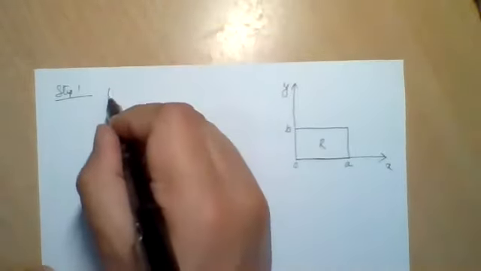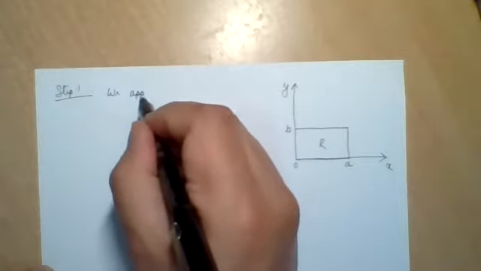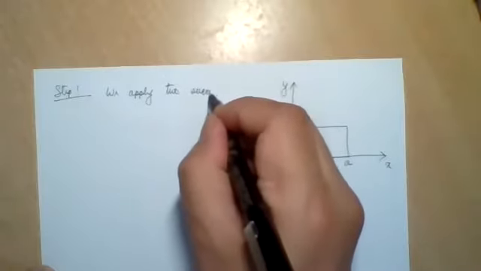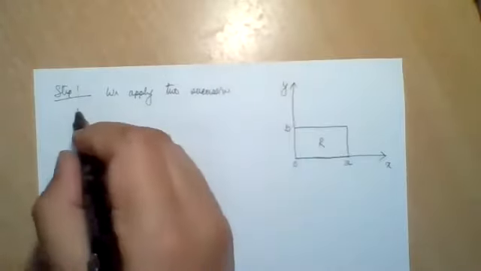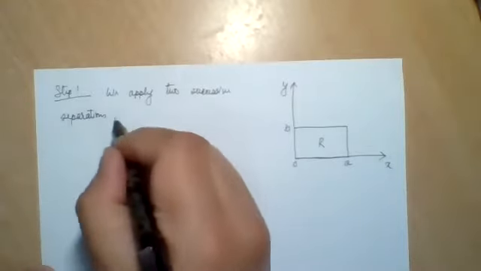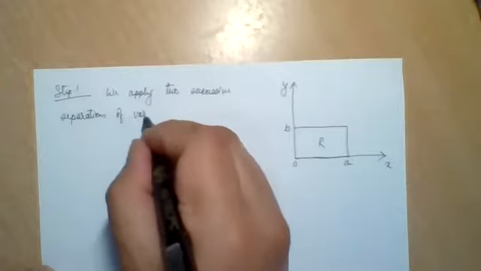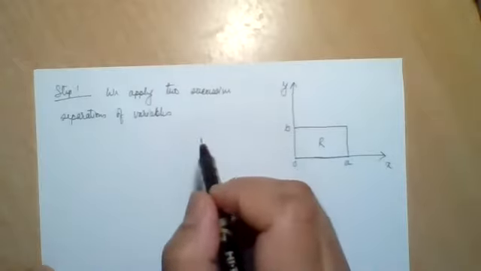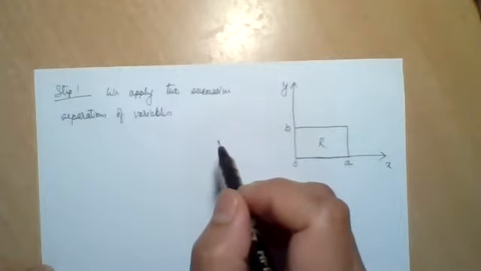Step number one, we apply 2 successive separations of variables to obtain ordinary differential equations from the given partial differential equation.